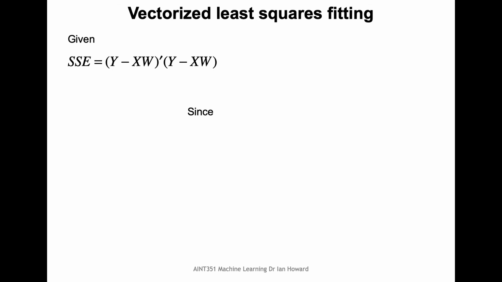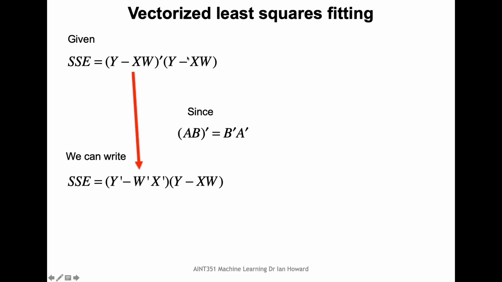So given we've got this sum of squared error terms, we can now rearrange the first expression. We've got (y minus xw) and the whole thing's transposed. Since we know what to do with transposes, we know that (AB) transposed equals B transpose times A transpose, and we did that when we were looking back at the vectorized operations earlier.